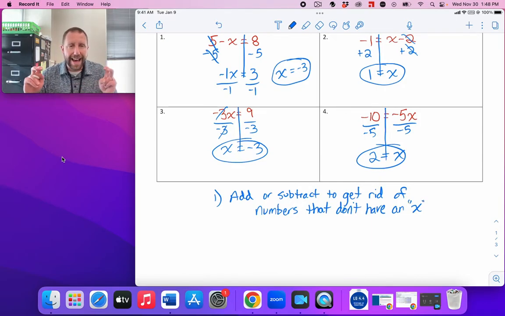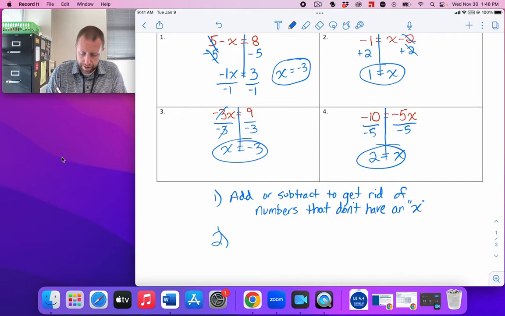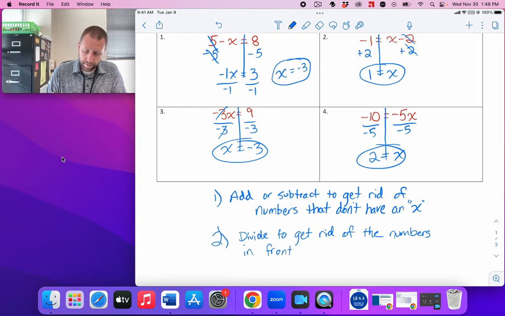So the numbers that don't have an x, I mean the ones that don't have an x attached to them. Another strategy we used was to divide when x is being multiplied by a number. Okay, so divide to get rid of the numbers in front of x. All right, that's just some of the strategies that we used.